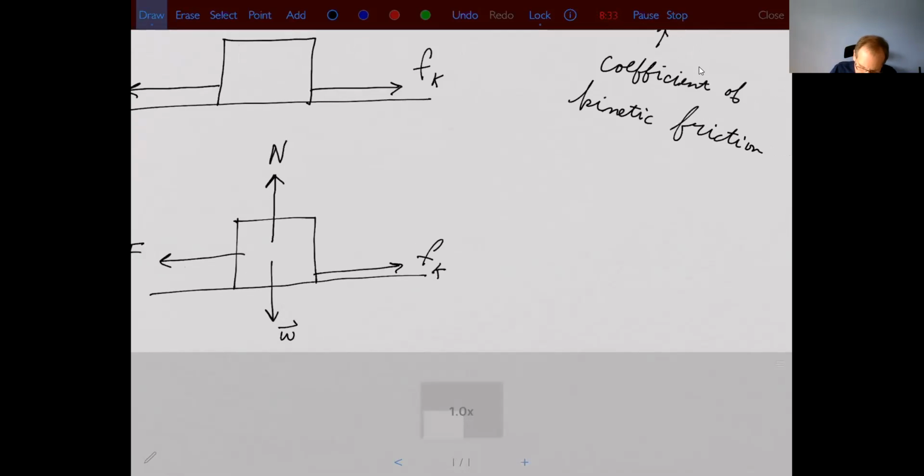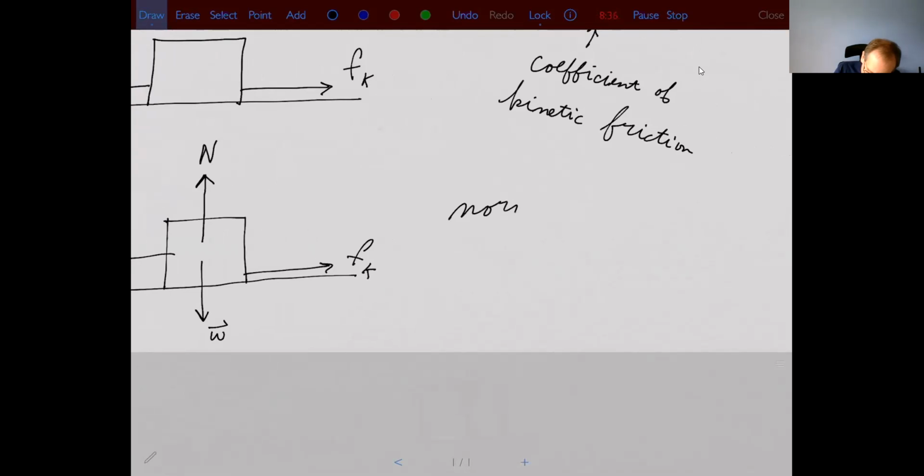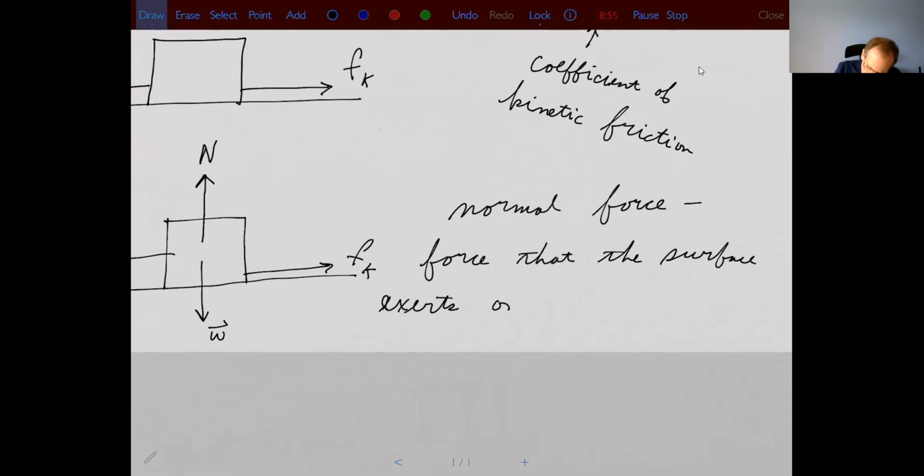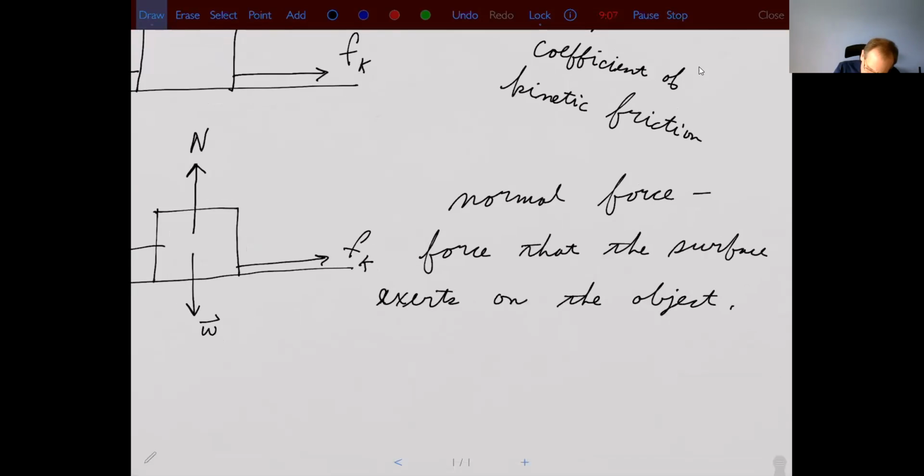So the normal force, let me write the definition of it here. It's the force that the surface exerts on the object, and the direction of the normal force is perpendicular to the surface.